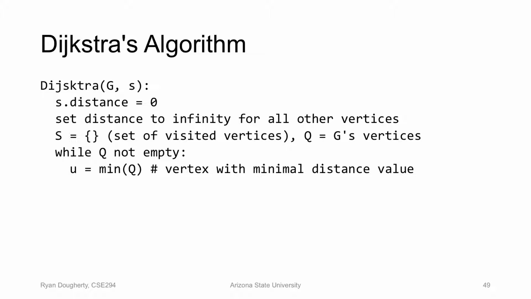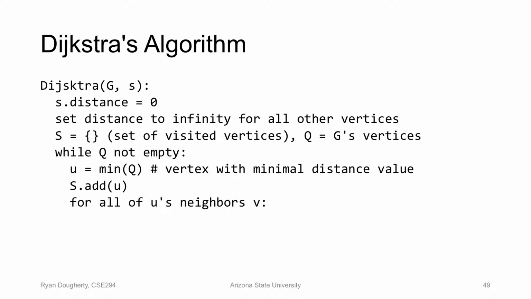So let's think in terms of S. What do I want to do? I want to explore all of my neighbors, right? So I'm going to add this vertex U to S, which is the set of visited vertices. So it didn't need S at the beginning. I was wrong.